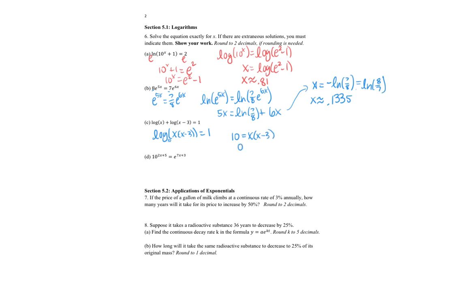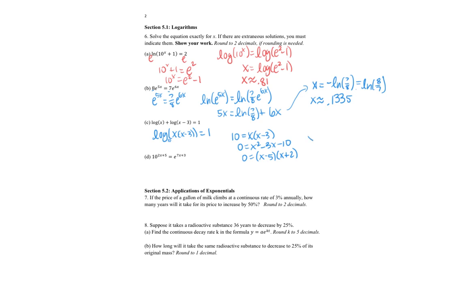So I get 0 equals x squared minus 3x minus 10. And so I can factor that. And so I'll have x minus 5 and x plus 2.